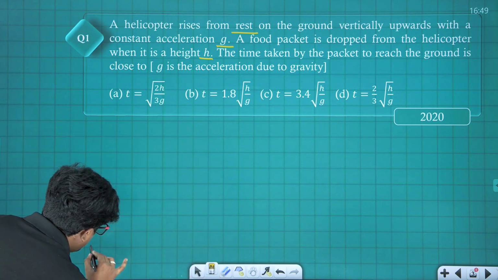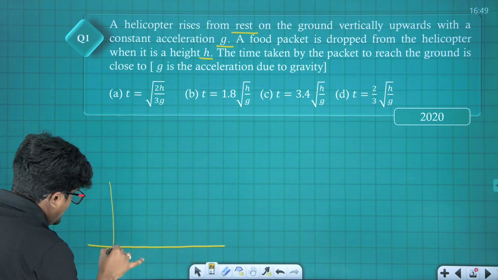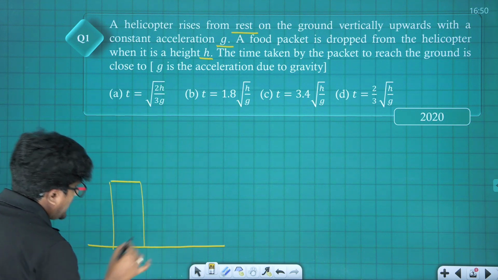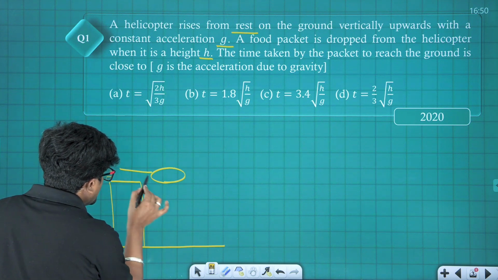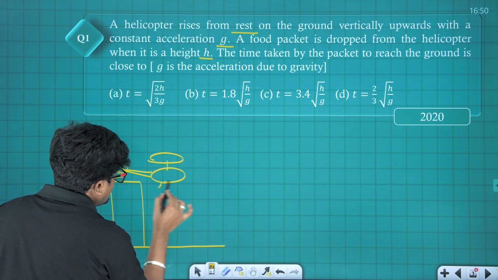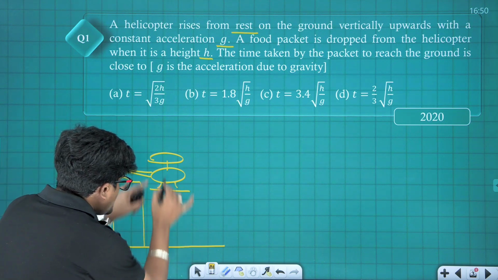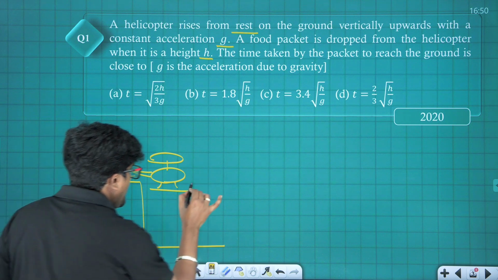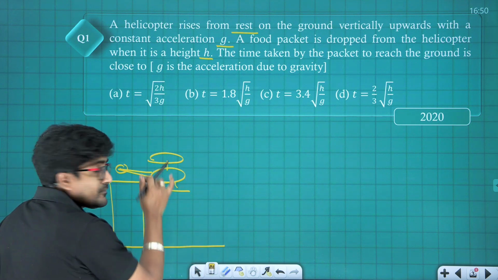So let this be the ground and let this be the height at which the helicopter is. So let this be the helicopter. Now this is at a height of h from the ground. It started from rest and reached here.